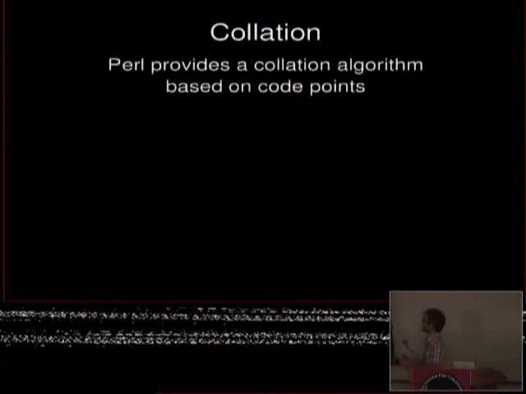Now in Perl, its built-in collation is just based on code points, which means very little from a natural language point of view, because code points aren't ordered in any way other than A to Z in order, but they aren't ordered in any way to do with natural language. It's just, here, we need more characters, we'll assign them another code point. The only thing Perl's default collation is really good for is having a standard sort order that will be the same every time.